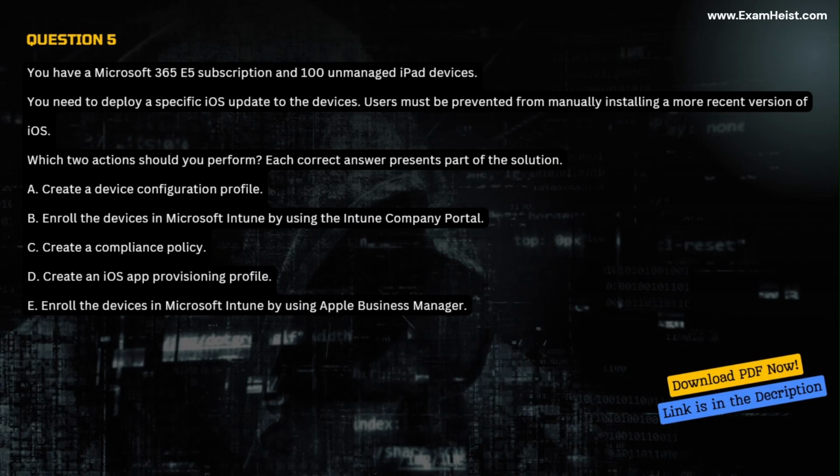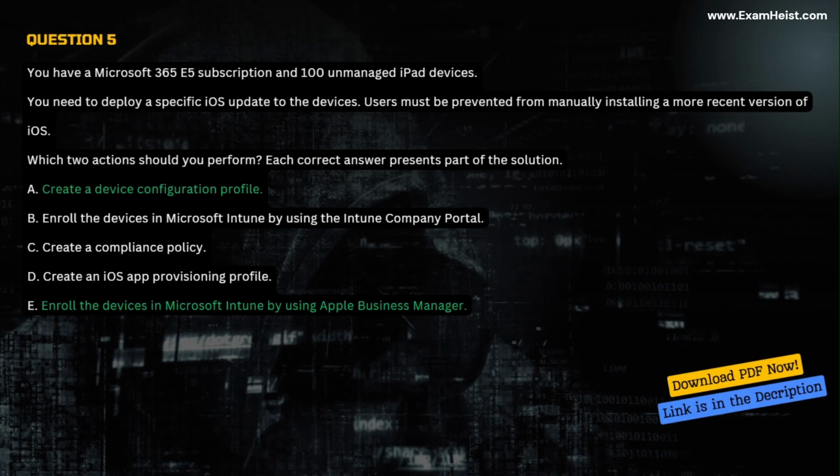A. Create a device configuration profile. B. Enroll the devices in Microsoft Intune by using the Intune Company Portal. C. Create a compliance policy. D. Create an iOS app provisioning profile. E. Enroll the devices in Microsoft Intune by using Apple Business Manager.